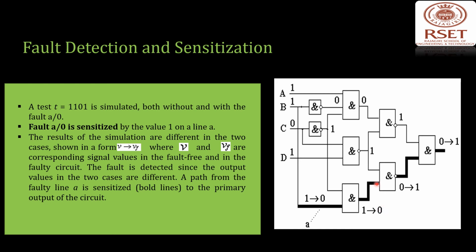Now on moving, the error gets propagated to this output and finally to the primary output. Now the bold line, or this path, is called the sensitized path. So a test vector will be activating a fault. Hope this is clear.